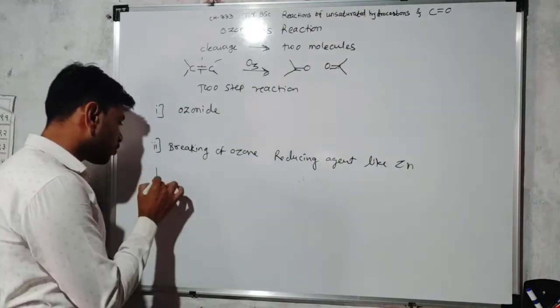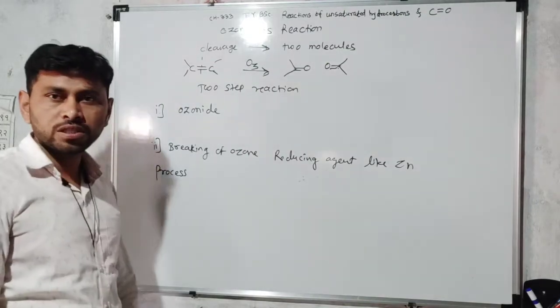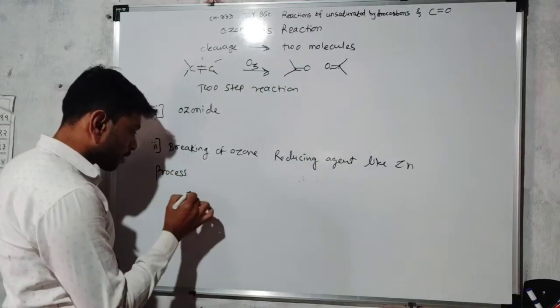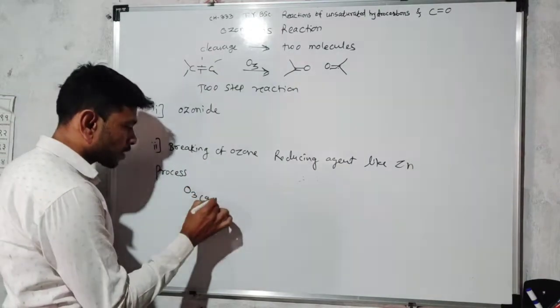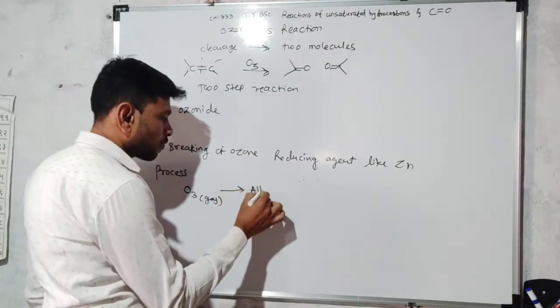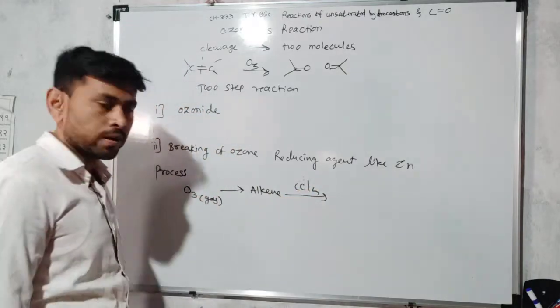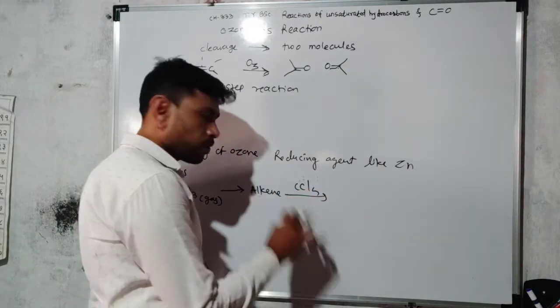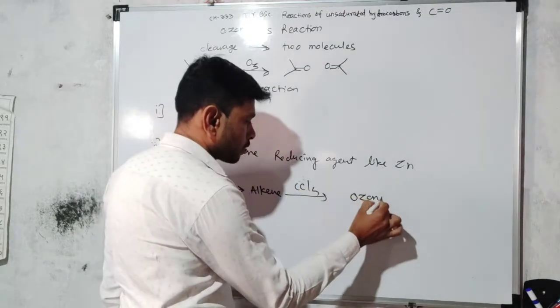How does the process of ozonolysis take place? Ozone gas must be passed through a solution of alkene in some inert solvent such as CCl4. Then we obtain ozonide.